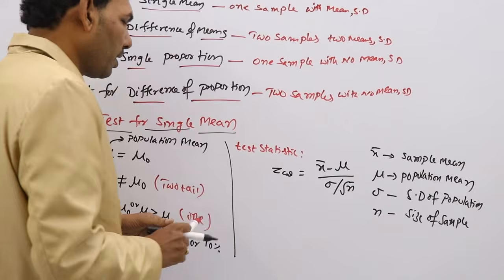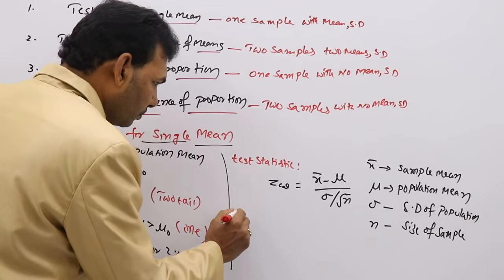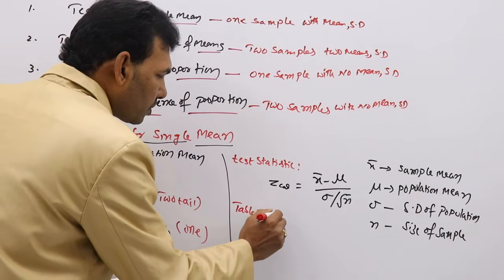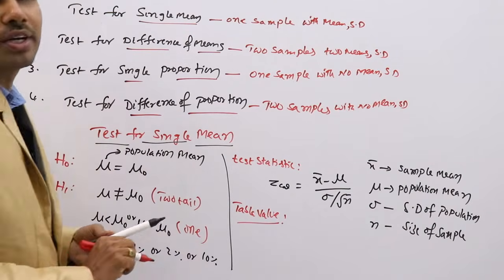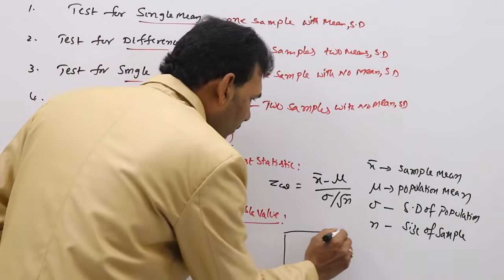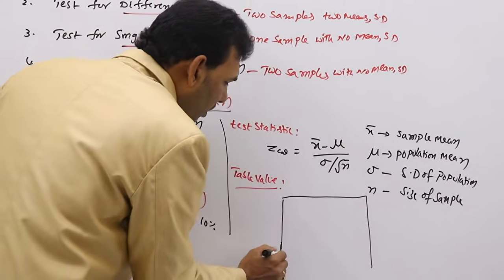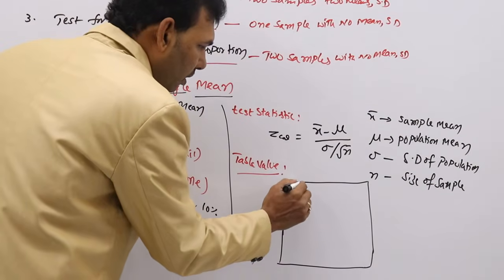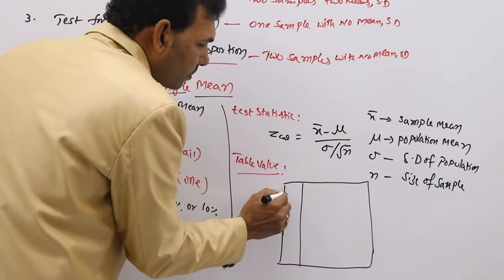Next, table value. Find the table value. For the large sample test we use a small table. If you can remember this, there is no need of a table, just 5 values.